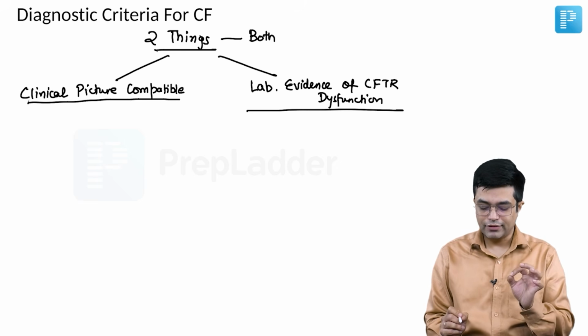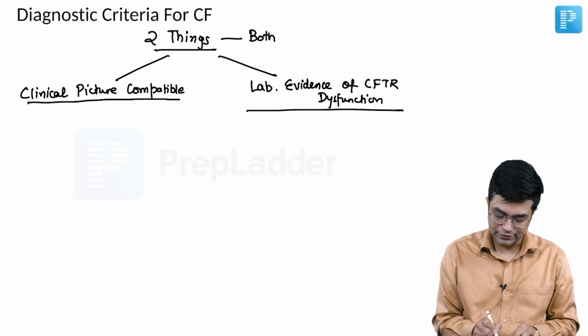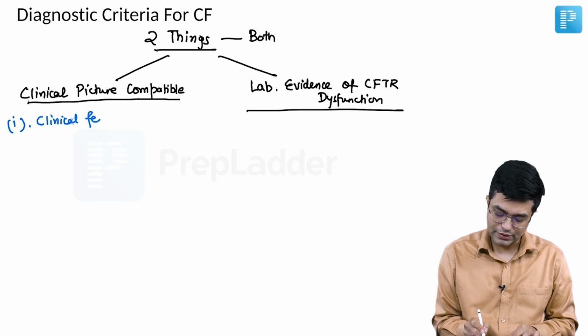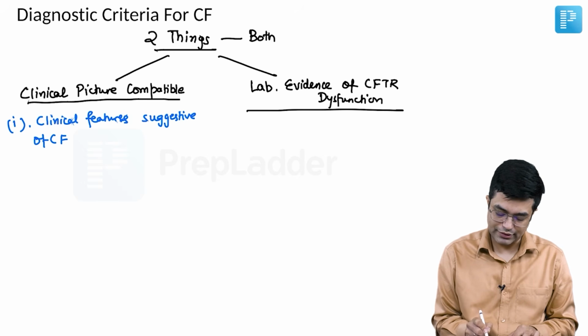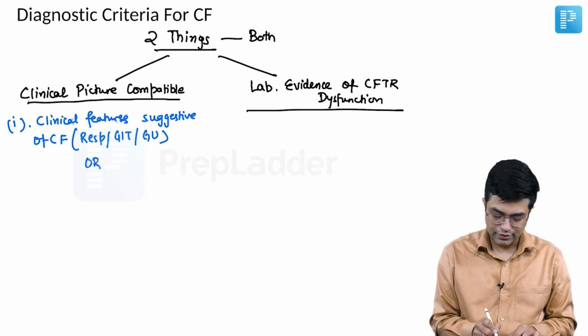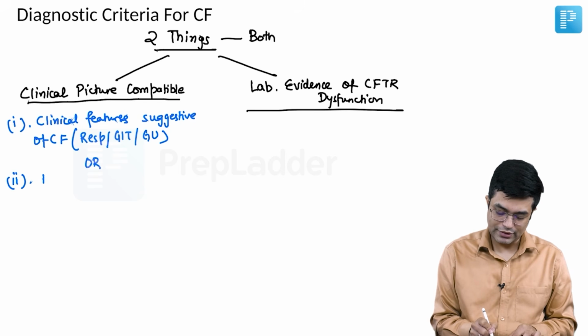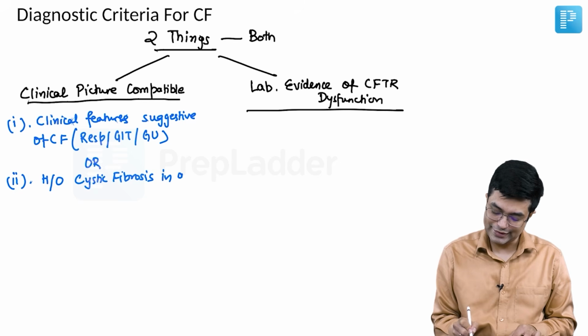So what are the diagnostic criteria which are included in the clinical picture which is compatible? So there can be either any clinical features suggestive of cystic fibrosis. They can be either respiratory, or there can be GIT features, or there can be genitourinary features, or there is history of cystic fibrosis diagnosed according to this criteria in one of the siblings.